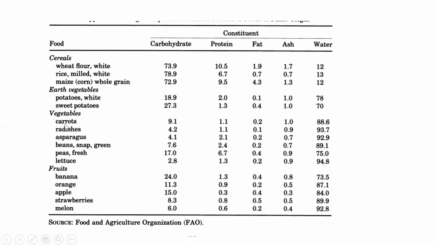Otherwise, carrot has a protein content of just 1.1%, asparagus has 2.1%, and likewise. In fruits, bananas have a protein content of 1.3, melon has 0.6, apple has the least protein content, that is 0.3, whereas oranges show 0.9% protein.